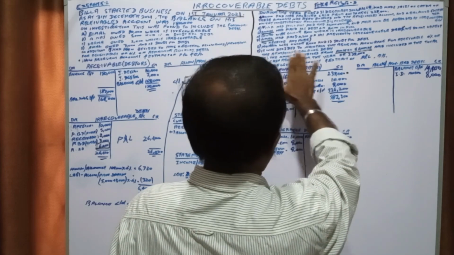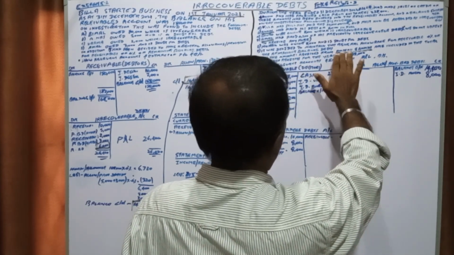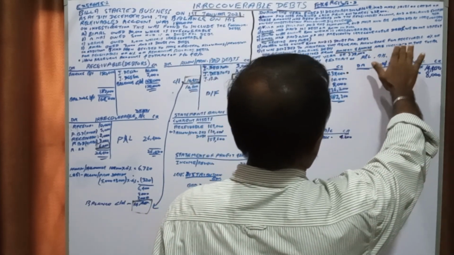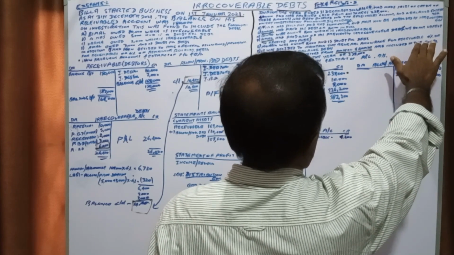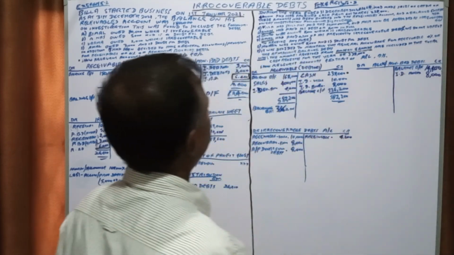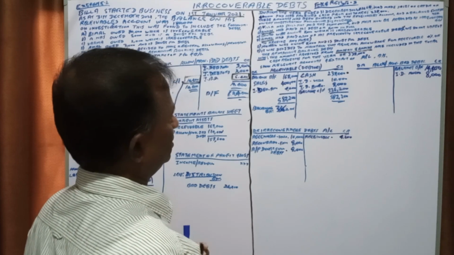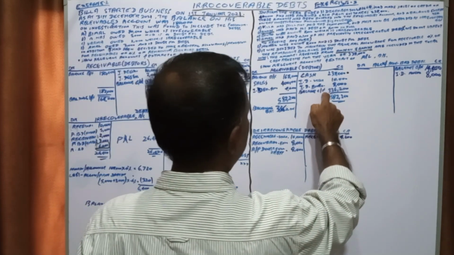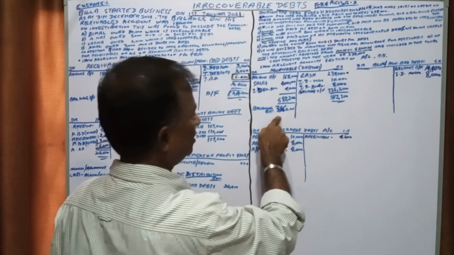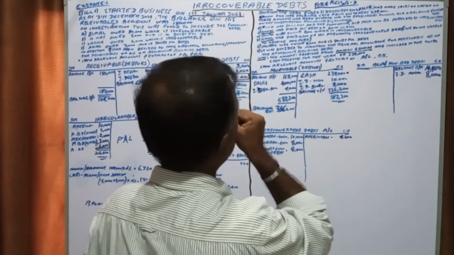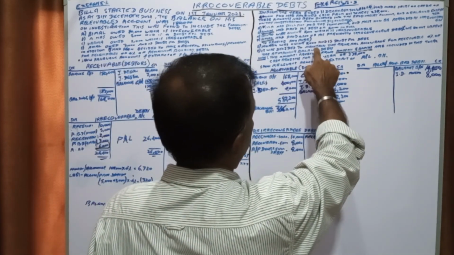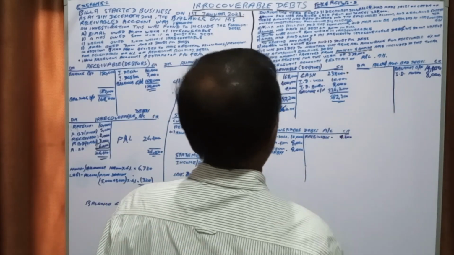It was decided to maintain the general allowance for receivables at 4% of the remaining balance. Remaining balance in the sense, this is the remaining balance, 336,200. Mohan was owing 8,000, that we have made the adjustment.